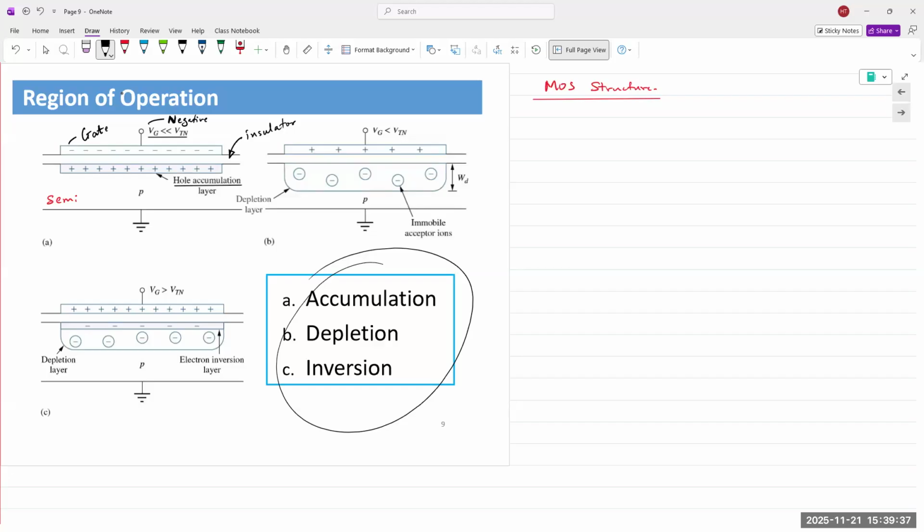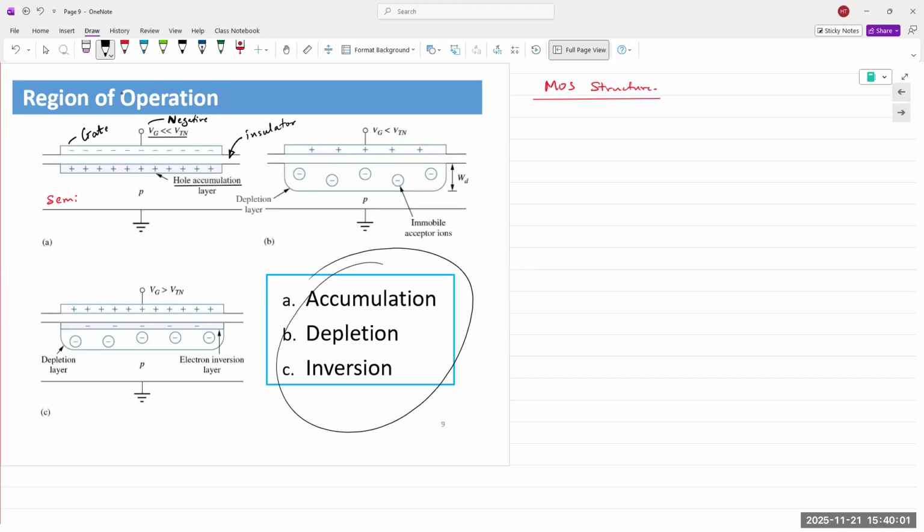So you apply a negative voltage from the top, it forces all the electrons away and pulls the holes up. So holes are accumulated right underneath the structure.